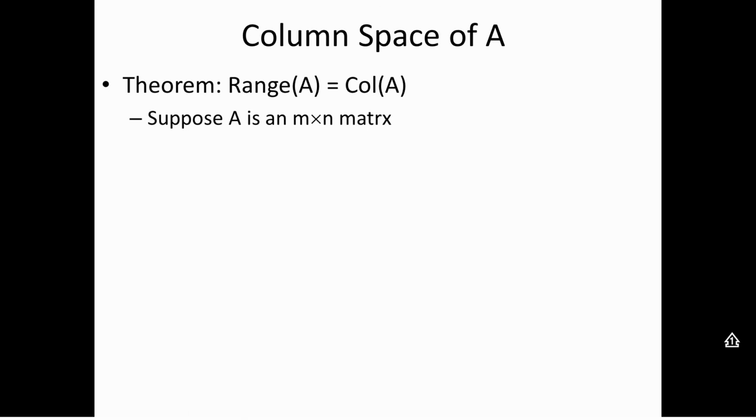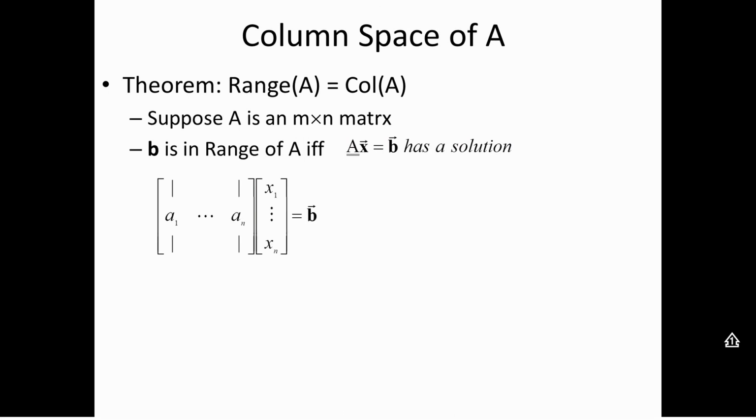So let's suppose A is an m by n matrix. Then b is in the range of A if and only if there is some x in R^n such that Ax equal b has a solution. So I can write down the system of equations. Now we recall that when we multiply a matrix by a vector, we can rewrite that as a linear combination of the columns of A, where the coefficients are the components of x.